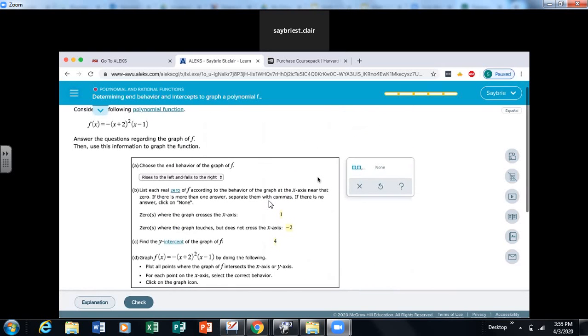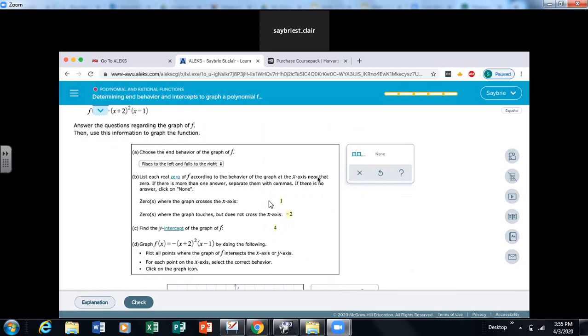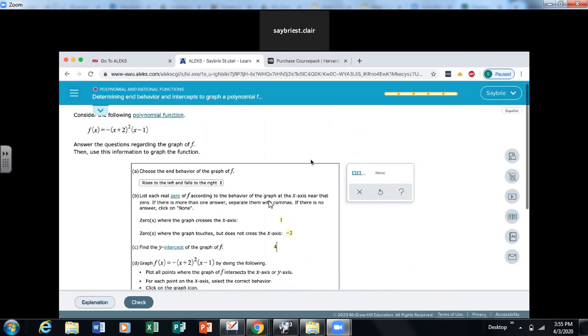So that gives me negative 2 squared, times negative 1, which is negative 4 times negative 1. That gives me positive 4. Just in case you don't have Desmos, you've got to plug in 0 for x to get that 4. Alright, now we need to graph it.